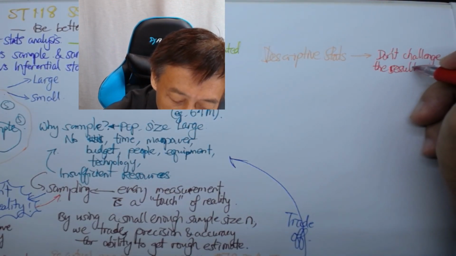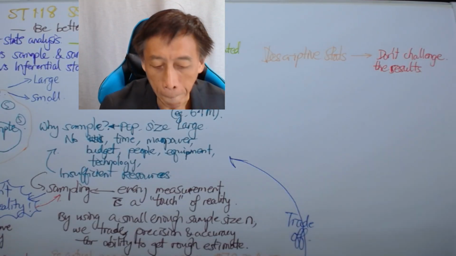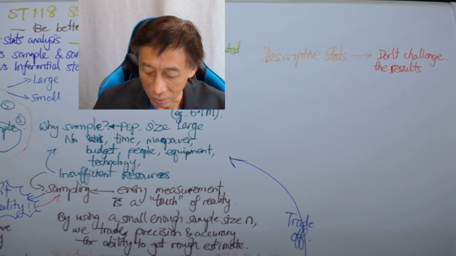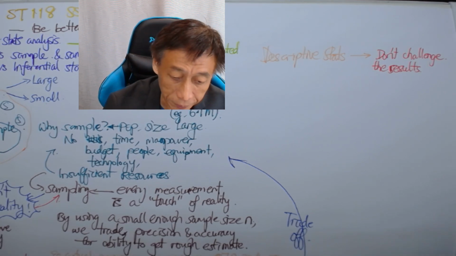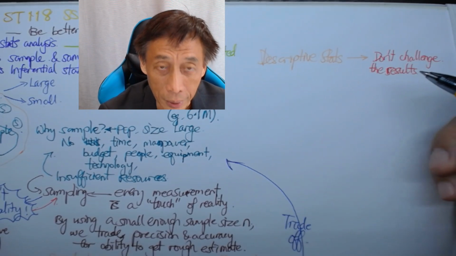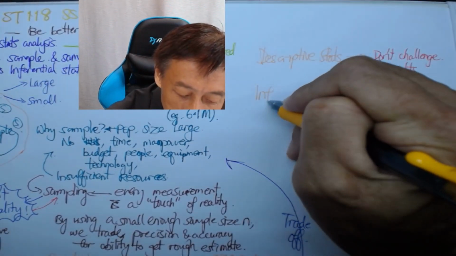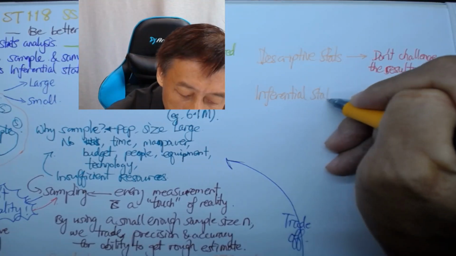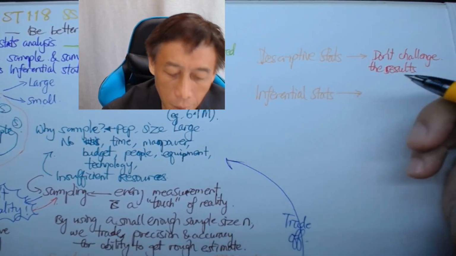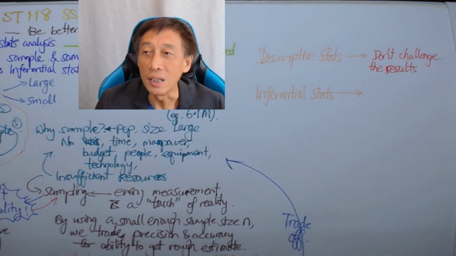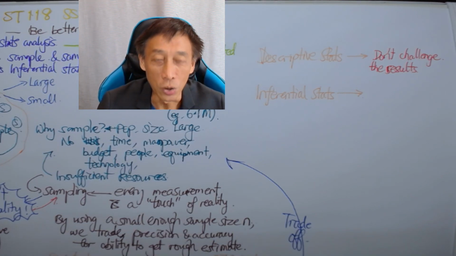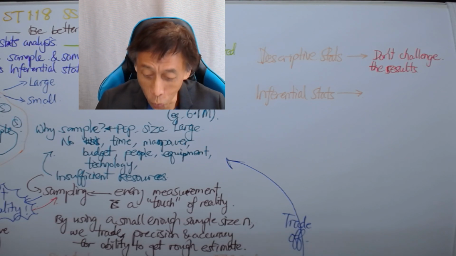Okay, let me explain what that means. You don't want to challenge any presented descriptive statistics, as opposed to inferential statistics. Inferential statistics, of course, is the opposite. You should always doubt.